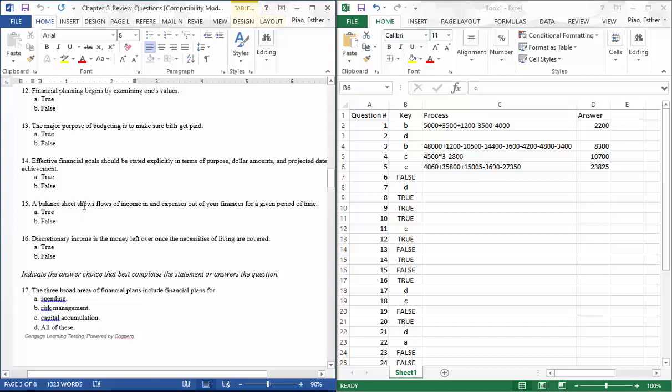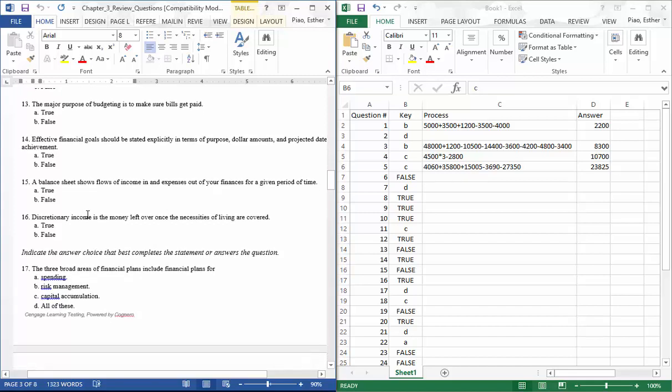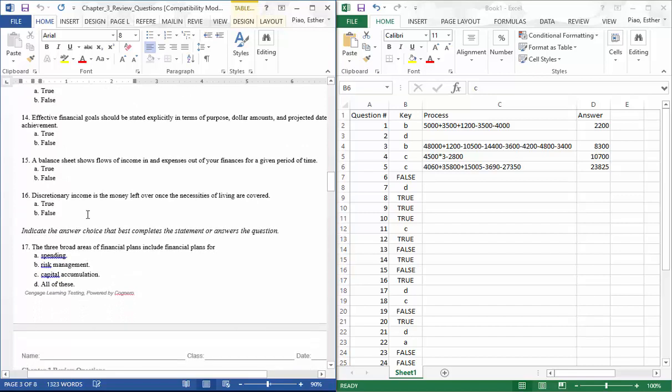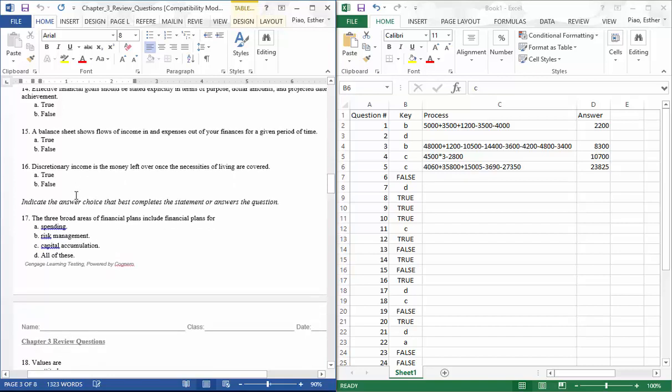So 15 is: a cash flow statement shows flows of income and expenses. And number 16, this is an accurate statement. Discretionary income is the money left over once the necessities of living are covered. That part of surplus income needs your attention so that you know how to better utilize these surpluses in the future.